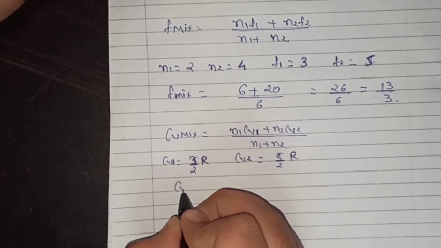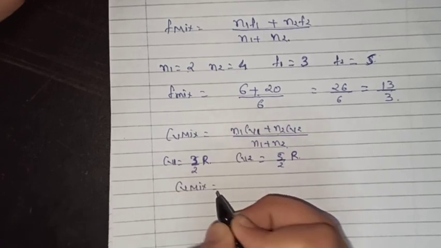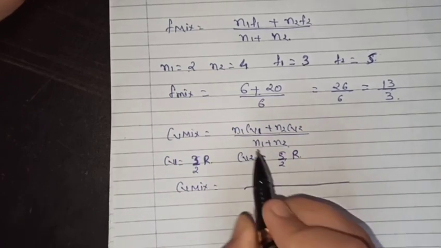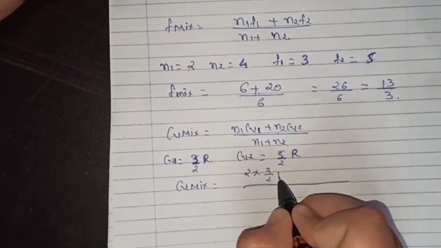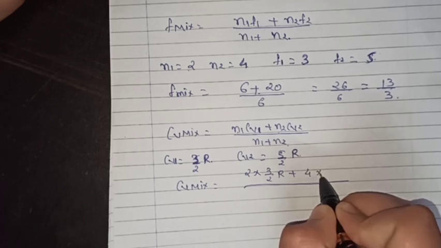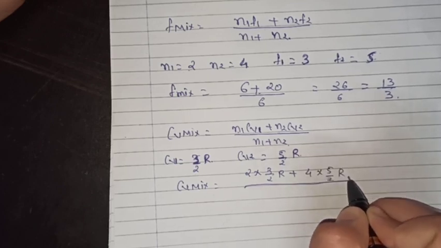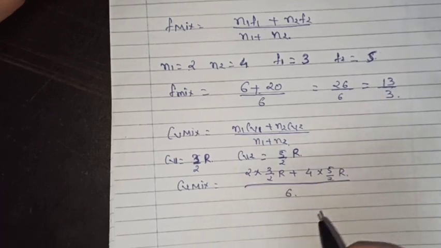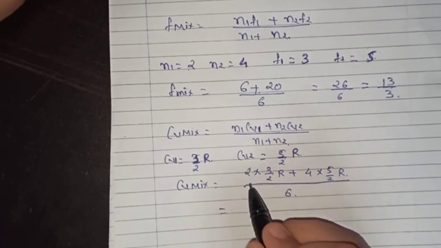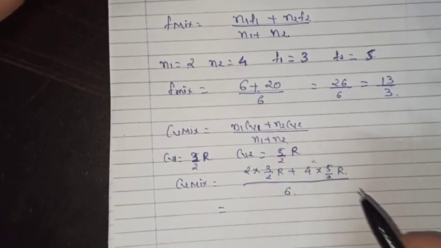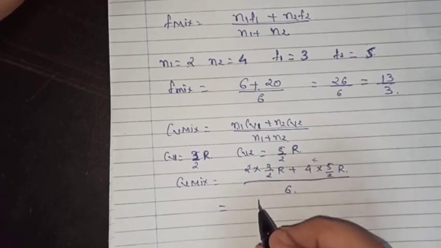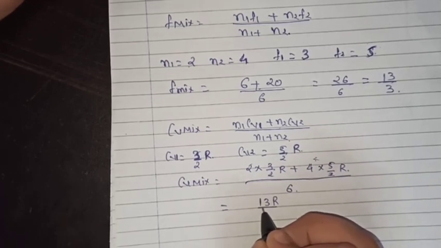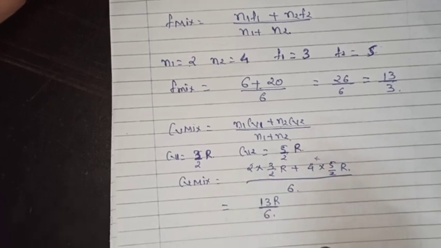Put the values in the equation. We will get Cv mixture is equal to (2 into 3 by 2 R plus 4 into 5 by 2 R) divided by 6. So this 2 will get cancelled out. So that will be 10 plus 3, so 13 R by 6.